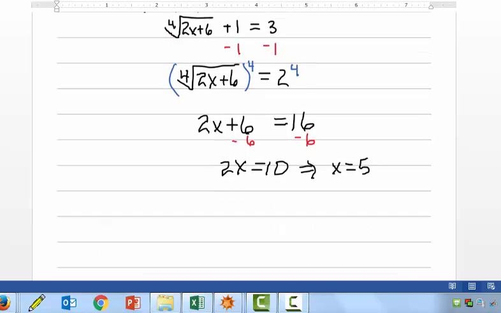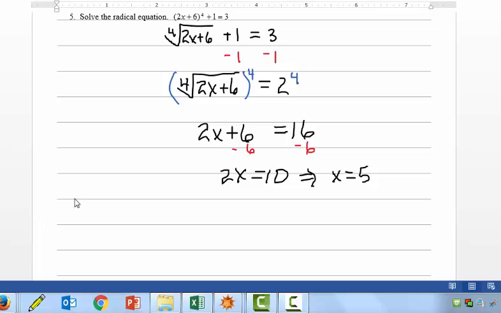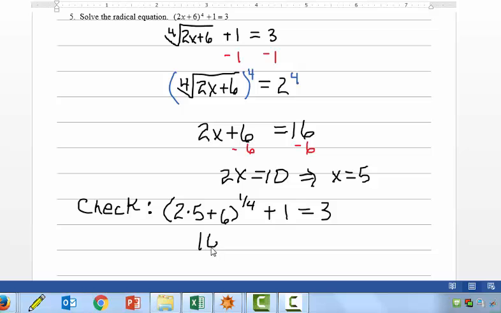And I just want to check, since I have raised both sides to an even power, the check is required. So 2 times 5 plus 6 to the 1/4 needs to be added to 1 and give 3. So this is 16 to the 1/4 plus 1 needs to be 3.